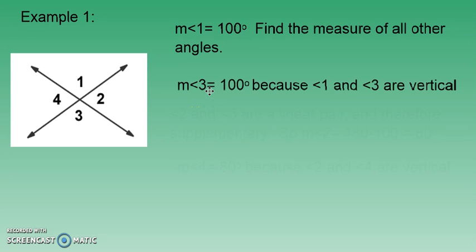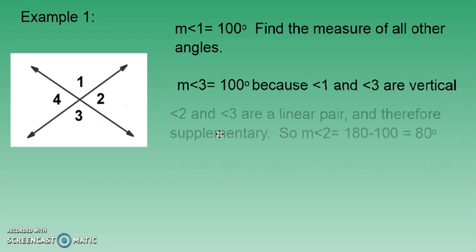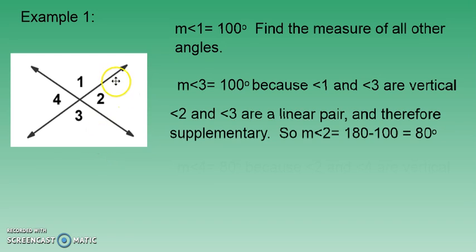So we can already say that angle 3 is also 100 because angle 1 and angle 3 are congruent because they are vertical. So angle 3 must also equal 100. Then I have that angle 2 and angle 3 form a linear pair. I could have also said this with 3 and 4, but I used 2. So 2 and 3 are a linear pair and therefore supplementary.